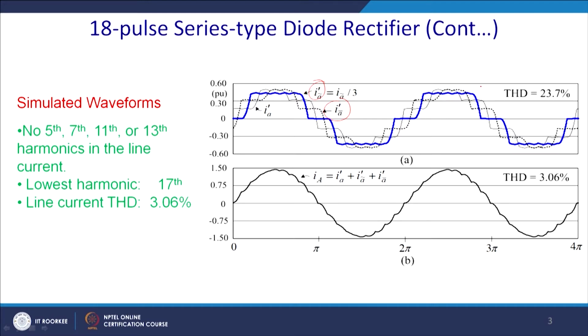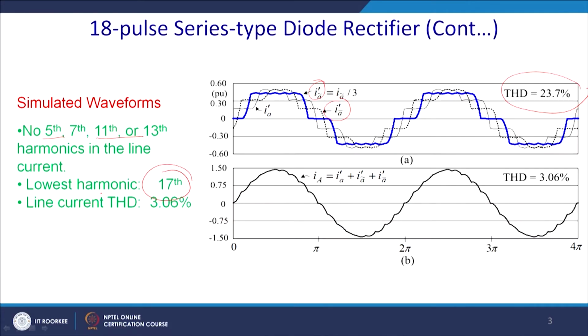So, this particular waveform, maybe the blue one, has a THD of 23% if it is fully loaded, and once you add all these waveforms, the 5th, 7th, 11th and 13th are eliminated, and since they are eliminated, you are left with the next harmonics, that in an 18 pulse converter will be the 17th and the 19th.